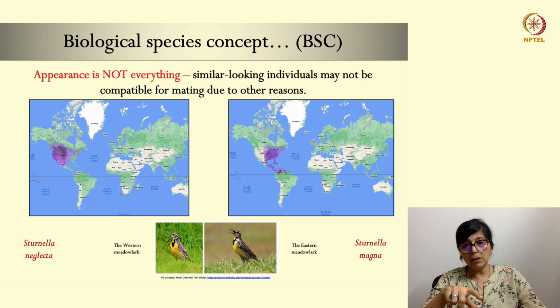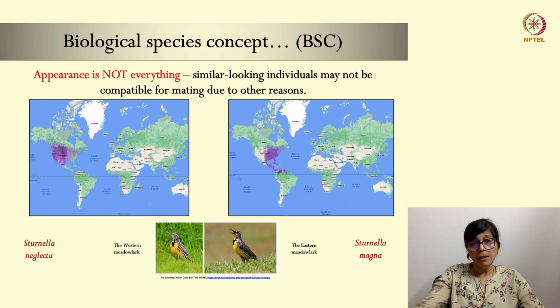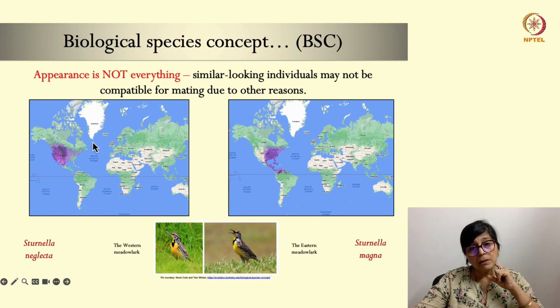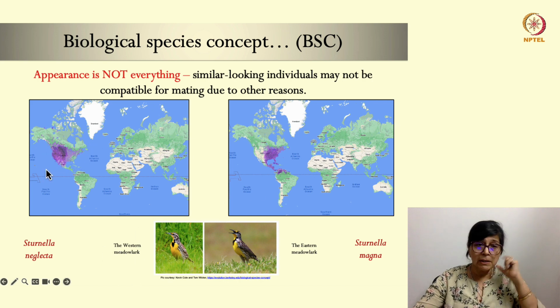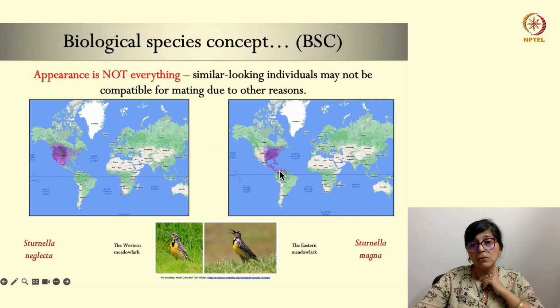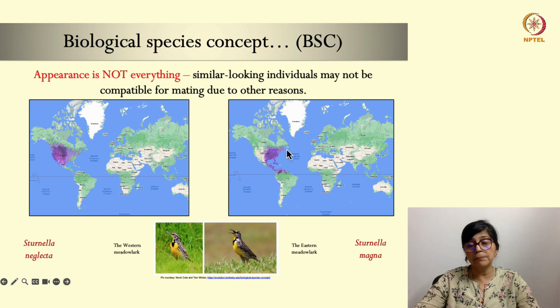Western meadowlark and eastern meadowlark, you can see the scientific names we have written here. These two species occur in a very overlapping zone. You can see the western meadowlark is very predominant in most of the southern part of the United States, whereas the eastern meadowlark goes to the eastern part of the United States, southeastern, as well as going to Central America and the very northern tips of South America, right?